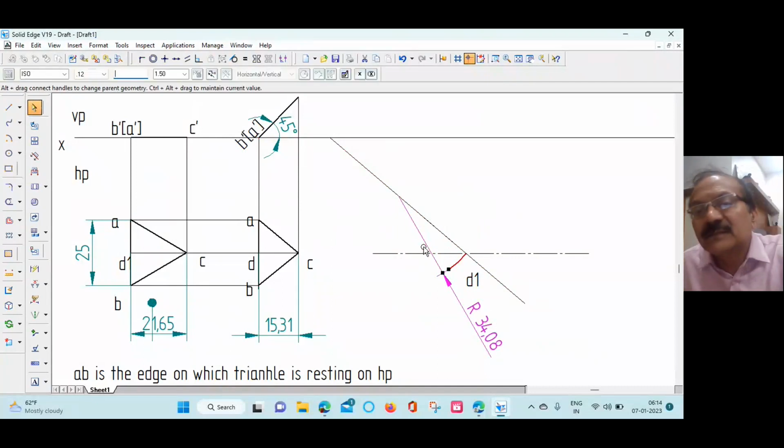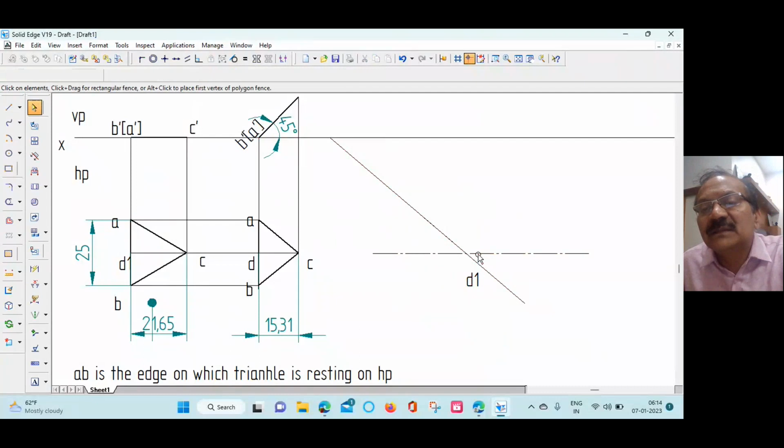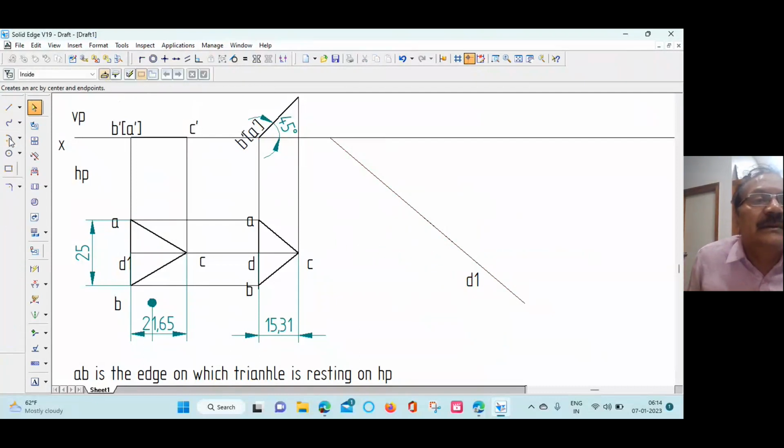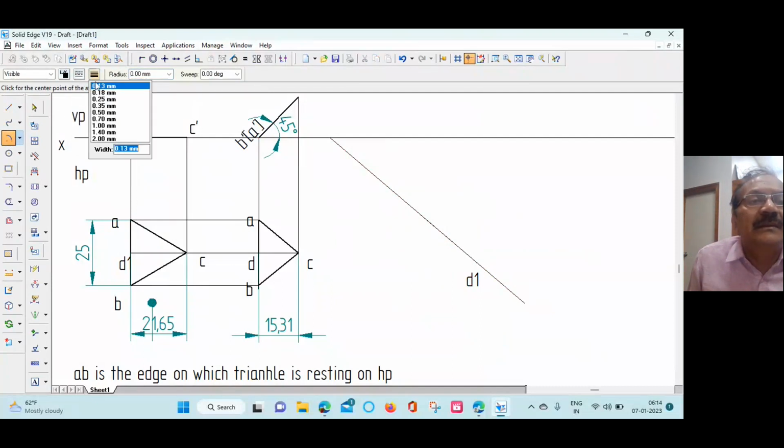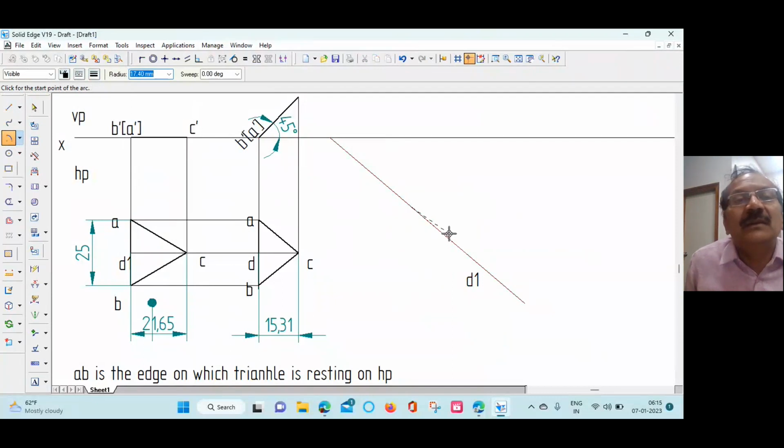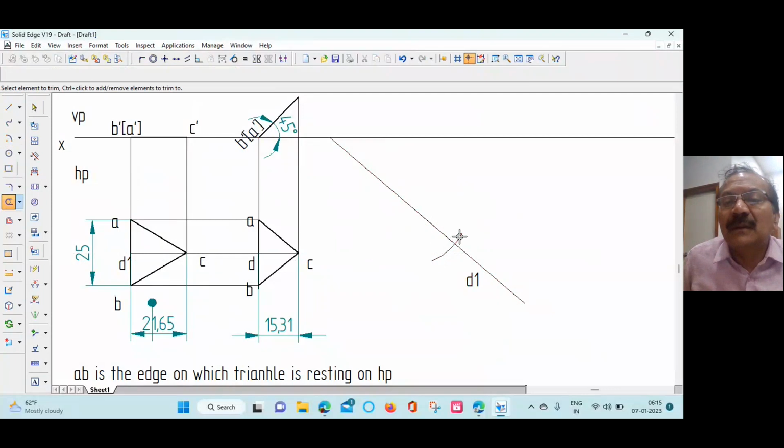I delete this. Delete this. Delete this. Delete this. What we do is take a continuous line 0.20. Take any point here and draw an arc of radius 21.65, and trim this here.